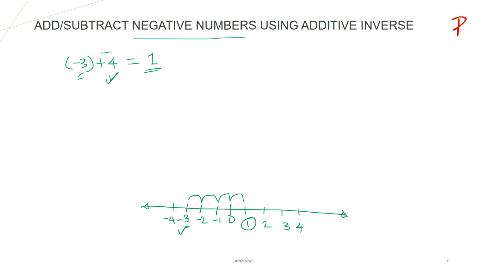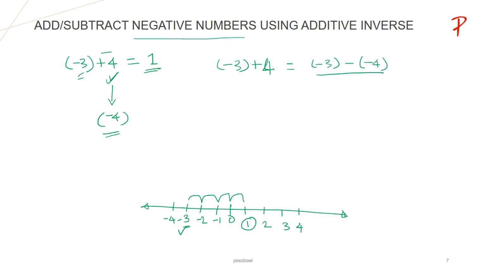So we don't need additive inverse to complicate this problem. For example, additive inverse of 4 is what? Minus 4, right? So as per the rule, like what we saw in other example, minus 3 plus 4 is same as minus 3 minus additive inverse of 4, that is minus 4.